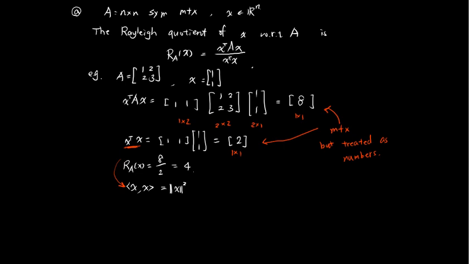And if you wish, the numerator can also be written as the inner product of Ax and x. They are equivalent, just different ways to write the same thing. So some people will write it as Ax inner product with x divided by x inner product with x.